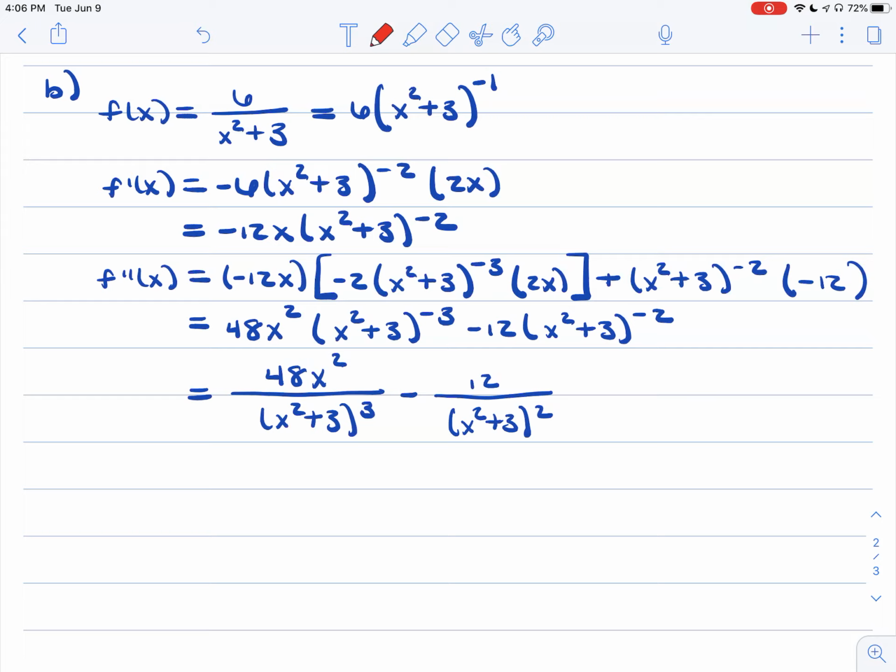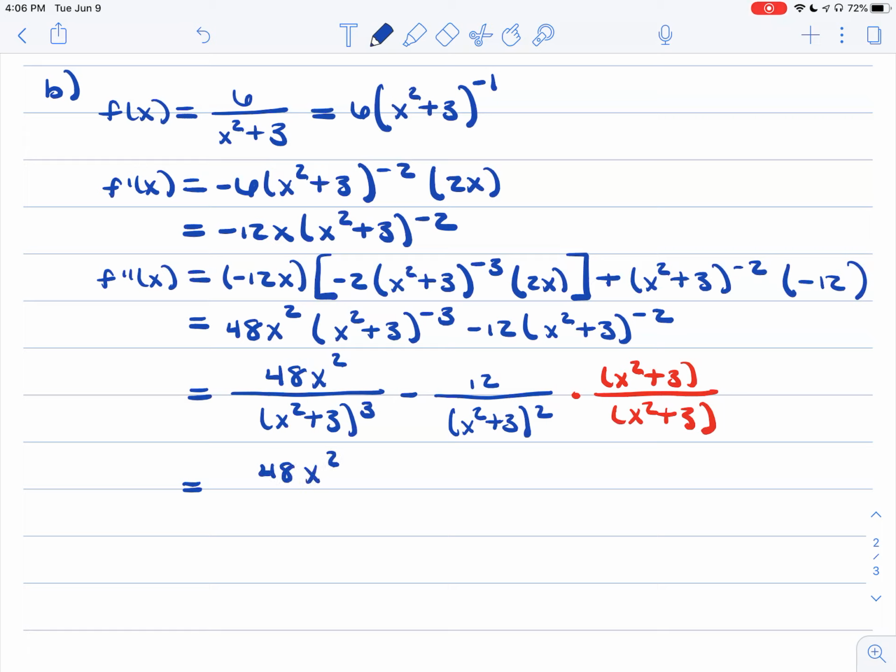All right, now to simplify this further, I want to go ahead and put this all over a common denominator. So since this is x squared plus 3 quantity cubed, and this one's only a square, I'm going to go ahead and just multiply by another x squared plus 3 over here to get that common denominator.